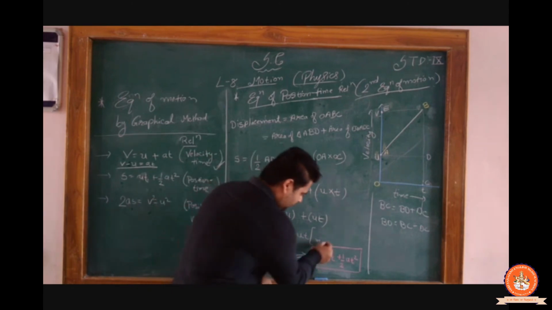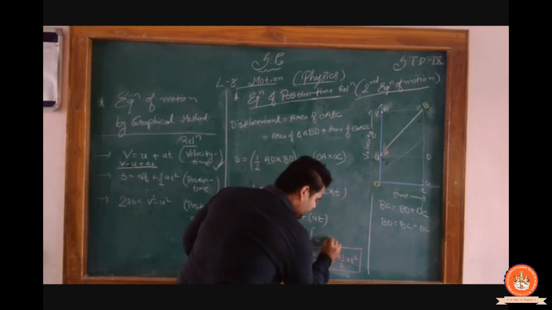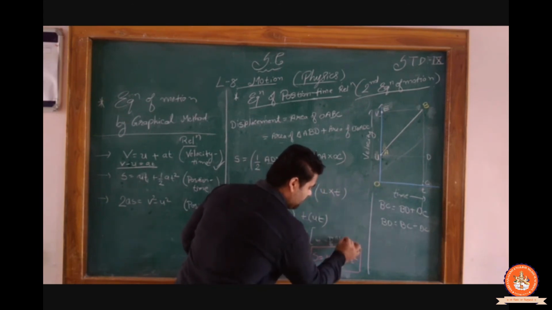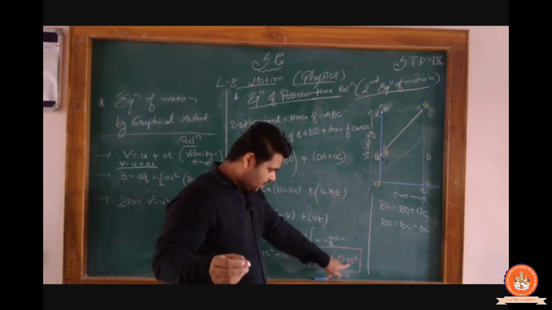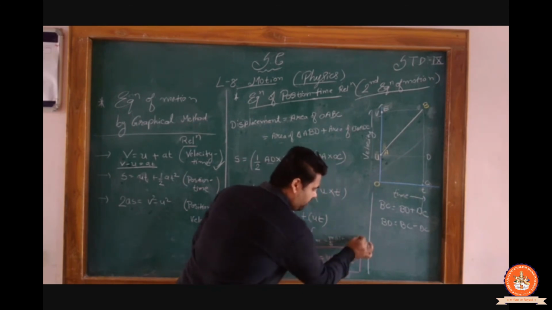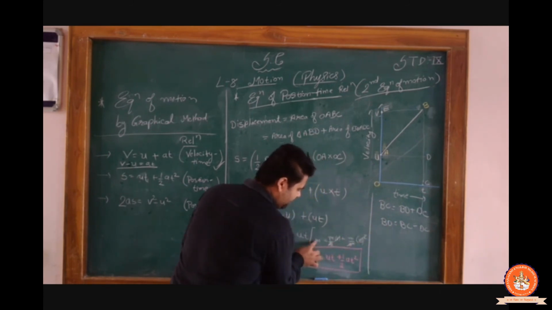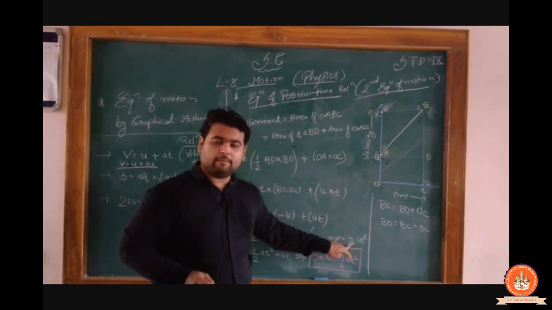It equals the unit of velocity, which is meter per second, and the unit of time is second, plus 1/2, which is a constant, so leave it over there. The unit of acceleration is meter per second square and the unit of time is second, and here is a square. So second square cancels, and we get meter equals meter plus meter.